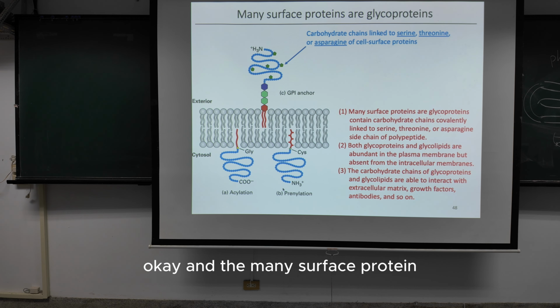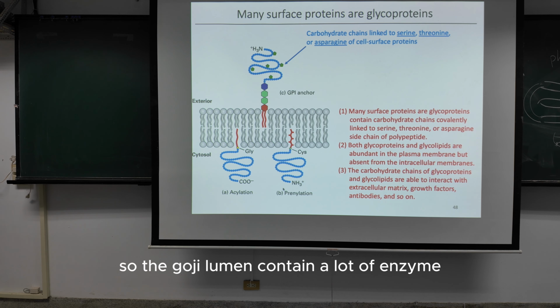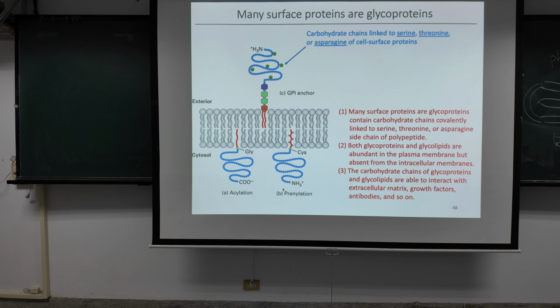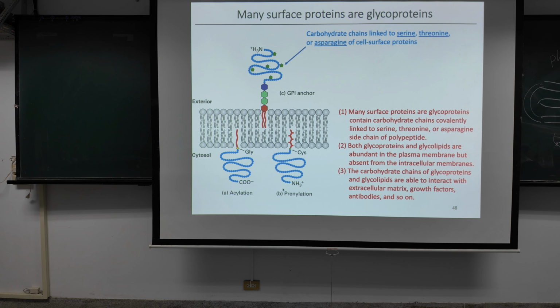Okay, and many surface proteins are glycoproteins. It means you will conjugate a lot of sugar onto those polypeptides. Usually the Golgi lumen contains a lot of enzymes. In the lumen, they will do such glycosylation reactions. Mainly carbohydrate will be conjugated to serine and asparagine.